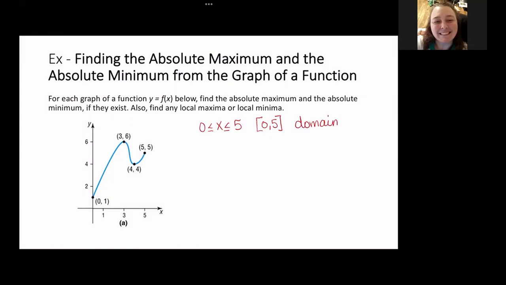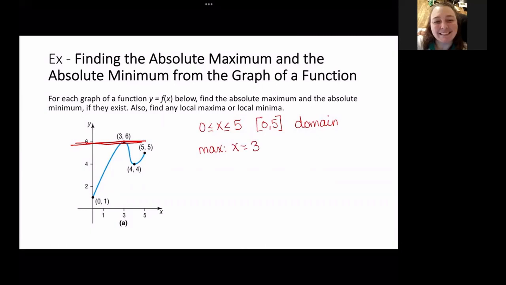Okay. So over this domain, where can we see any maximum? So let's look at the maximums first. So we definitely have a maximum here. So let me write max. Okay. We've got a maximum at x equals 3, right?